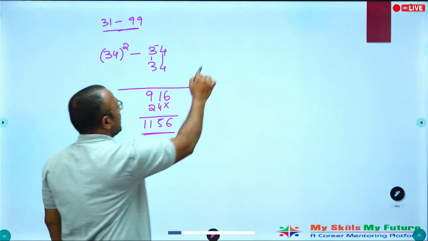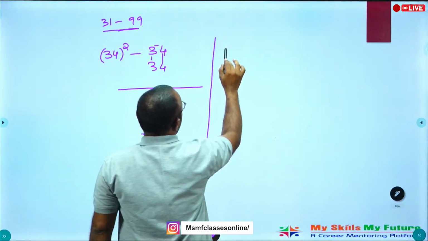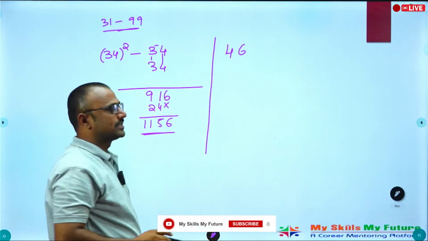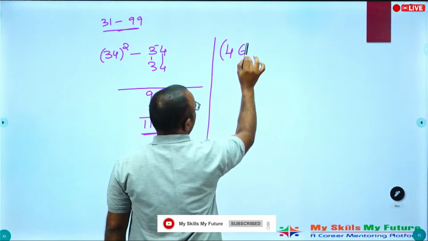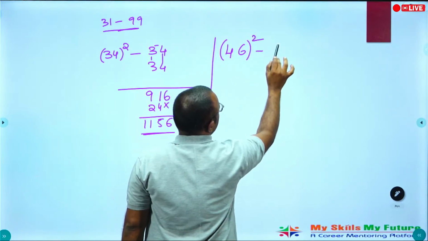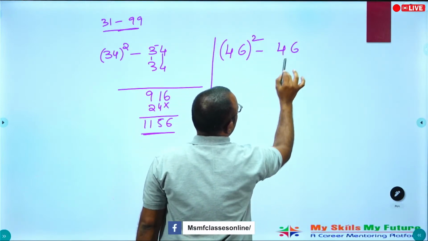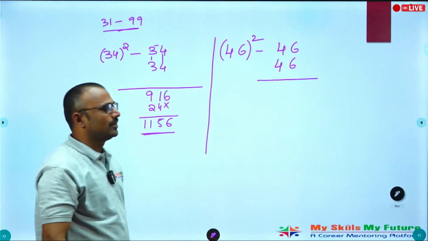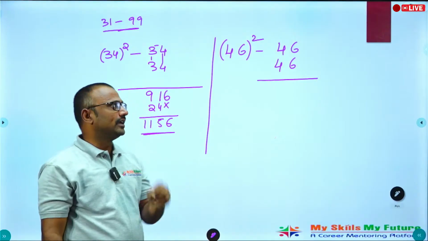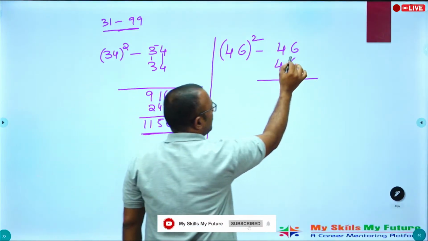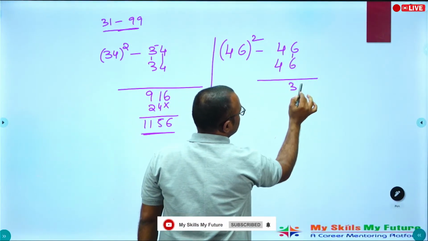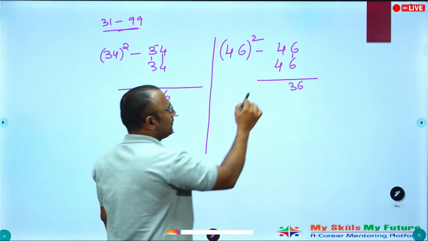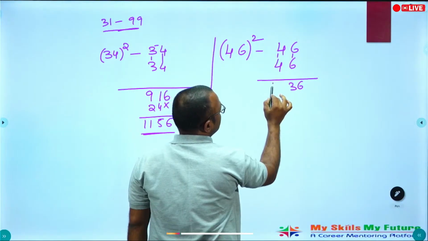One more number, that is 46. What is the square of 46? Write the number two times vertically. 6 into 6 is 36, 4 into 4 is 16.